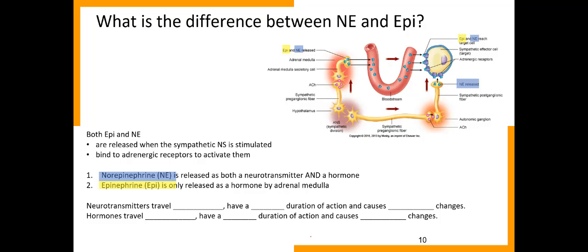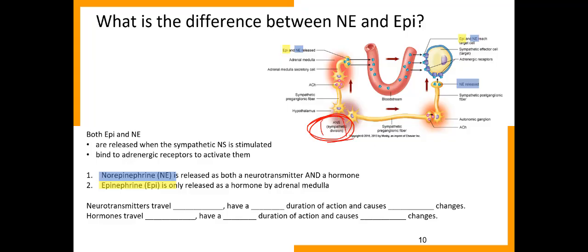So, just a slide to emphasize the difference between norepinephrine and epinephrine. What you can see over here is the sympathetic division of the autonomic nervous system. When it is activated by a loud bang or a dangerous looking something that you see or hear or what have you, it stimulates the sympathetic nervous system.